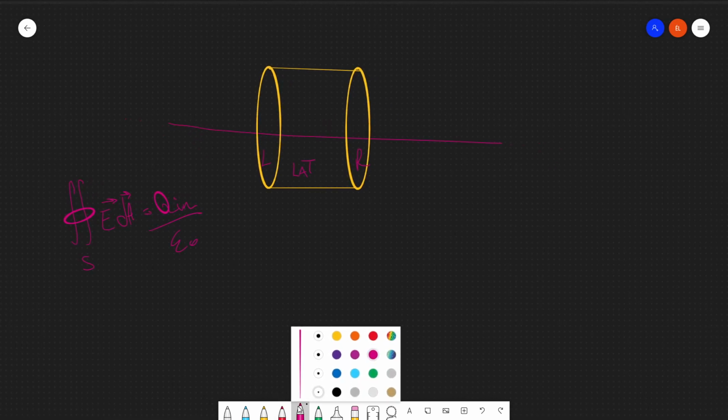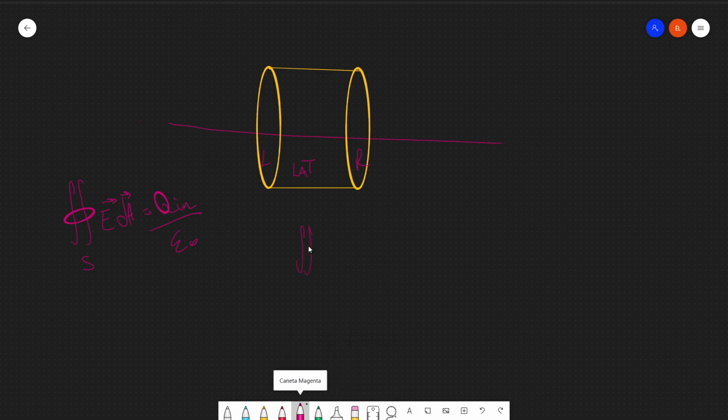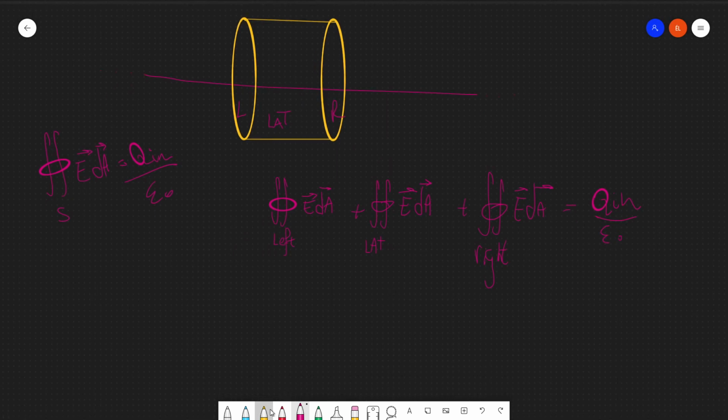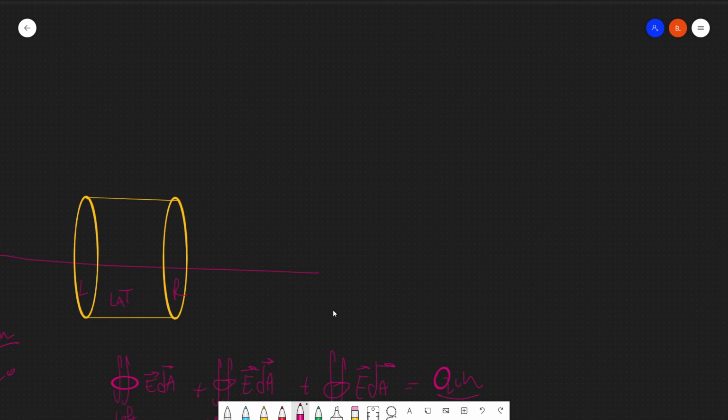So we can rewrite this as the surface integral over the left of E dA, plus the integral over the lateral area of E dA, plus the integral over the right of E dA, which equals Q in over epsilon 0.